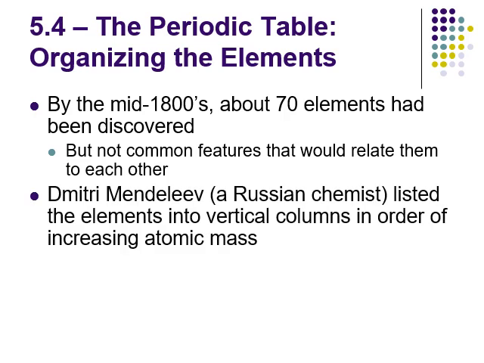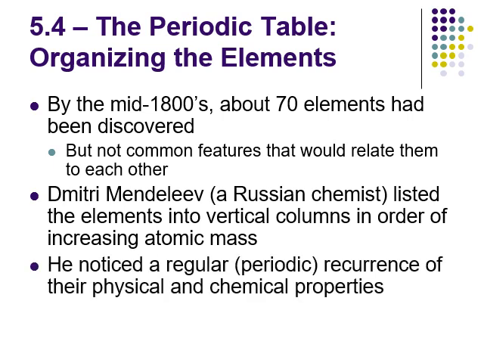The person who was most successful with this was a Russian chemist by the name of Dmitry Mendeleev. And as the story goes, he wrote down all the information that was known about the 70 elements onto cards, and he arranged them in vertical columns in order of increasing atomic mass.